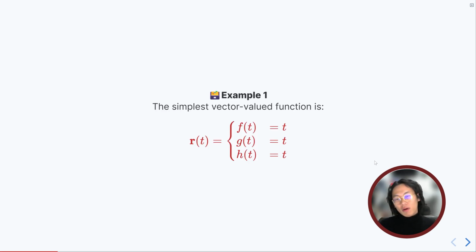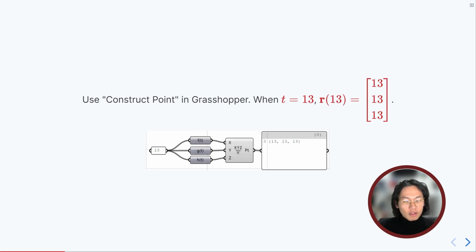Here is one example of a vector valued function. The input is just a value t, and it gives me back three values. Simply put, (t, t, t), meaning x equals t, y equals t, z equals t. This is the Grasshopper version of the vector valued function I just showed you.